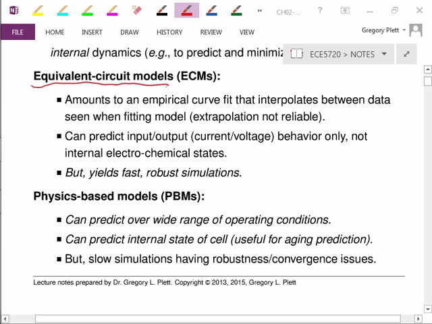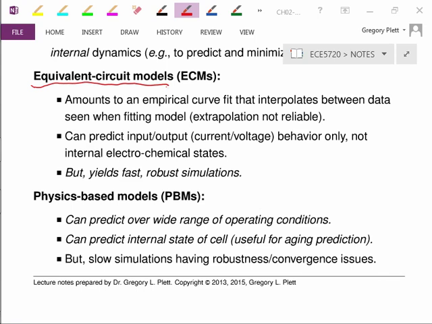So we're doing a curve fit, and all of the kinds of pros and cons of curve fits apply to equivalent circuit models. One is that interpolation among the data is usually done pretty well by a curve fit, but extrapolation beyond the data that's actually been collected when fitting the model is not reliable at all, or it may not be reliable.